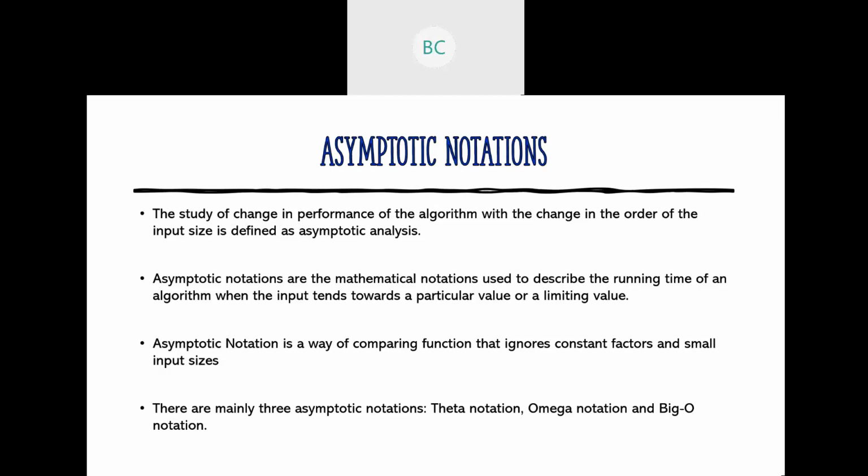See, for any problem, we can have n numbers of solutions. If I give you a problem, like just now we took one example, calculating the sum of the numbers in your array, I just took one algorithm, then others can give me another solution, right? So there can be n number of solutions for one particular problem.